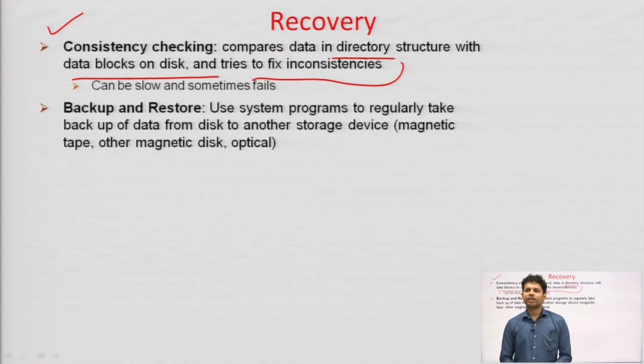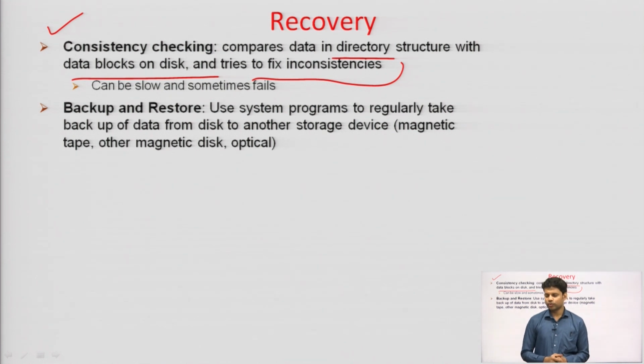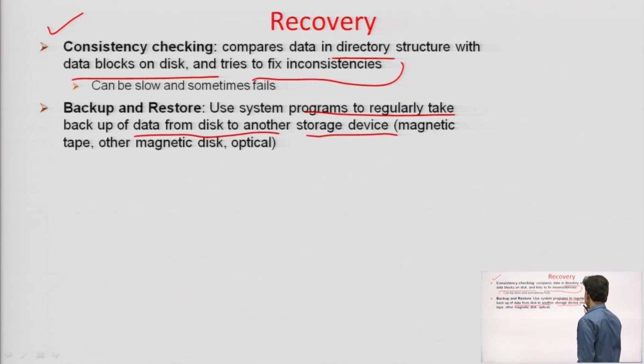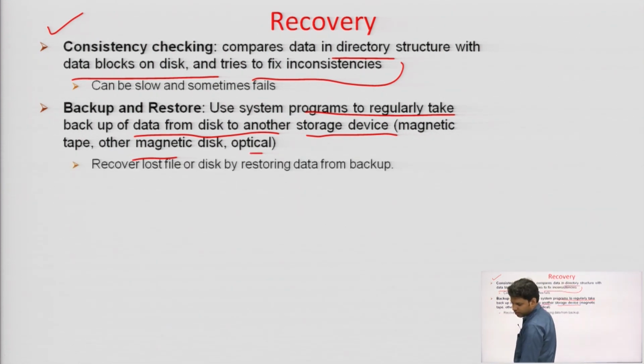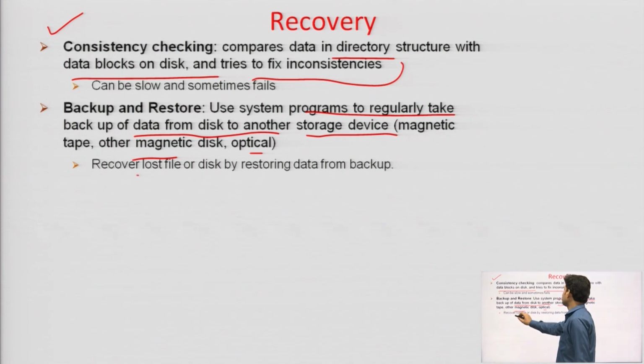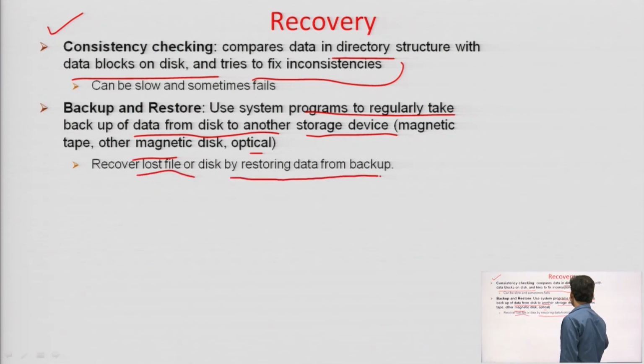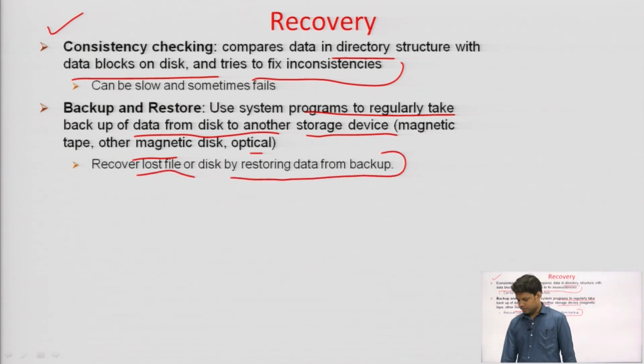The next method is backup and restore. Use system programs to regularly take a backup of data from disk to another storage device, either a magnetic tape, magnetic disk or optical, any one. Just take the backup, and this can help you recover a lost file or disk by restoring data from the backup.